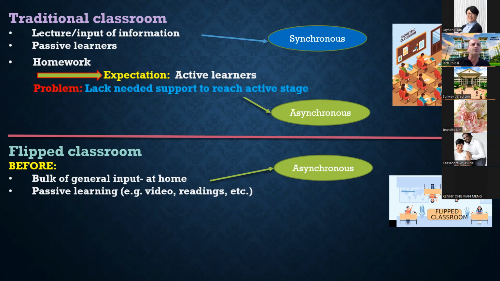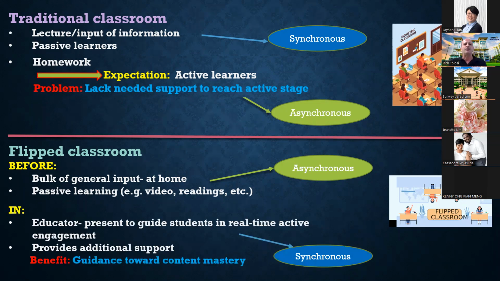They do that at home so that when they come into the classroom, then we, the educator, are now present to guide the students in real-time active engagement. There's less time dealing with input of information and more time to focus on application. There we can see how well the students understand that material that was given to them during the input stage at home.